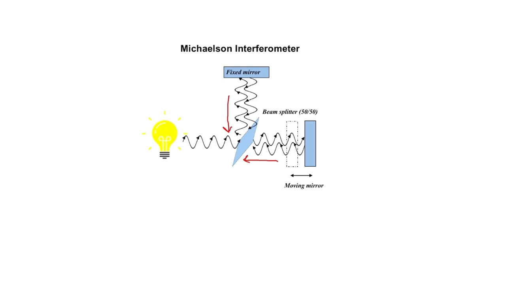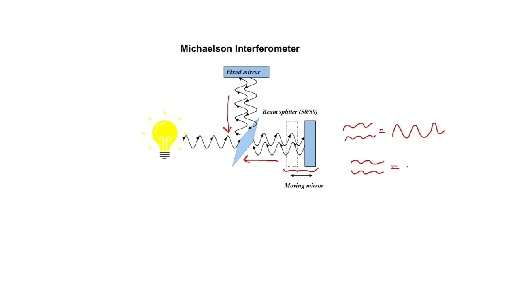Because one mirror is moving, the beam traveling to that mirror experiences a slightly different path length. So when the two beams recombine, their waves overlap in different ways, sometimes adding together, sometimes canceling out, depending on how far the mirror has moved and what wavelengths are present in the light.